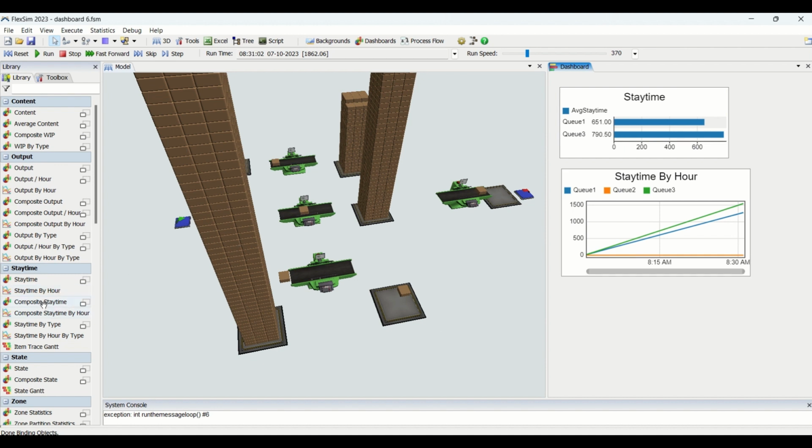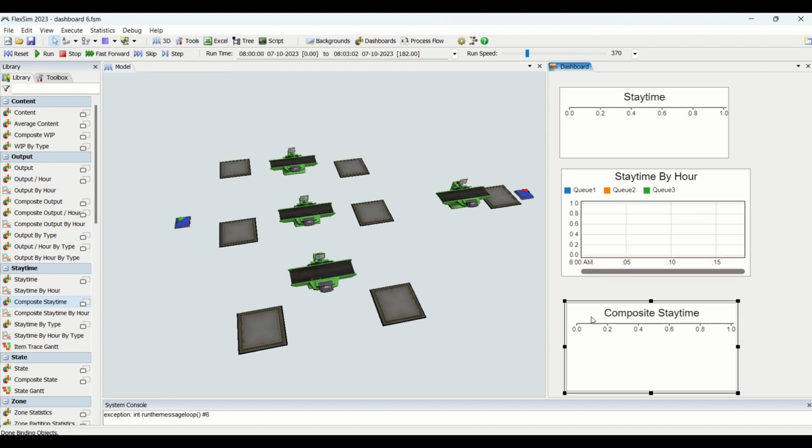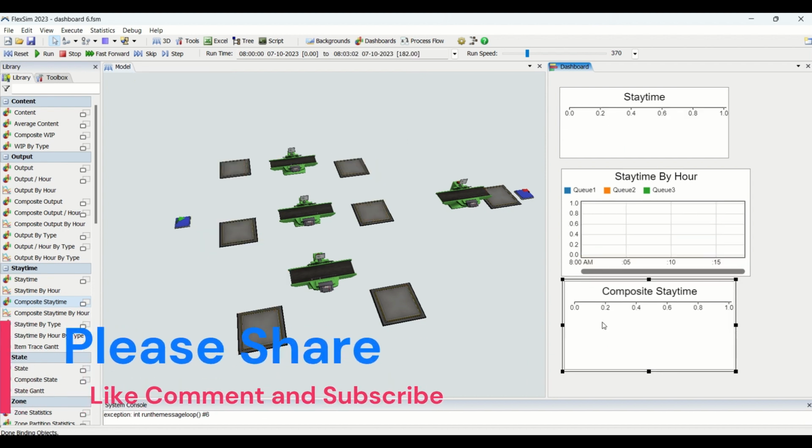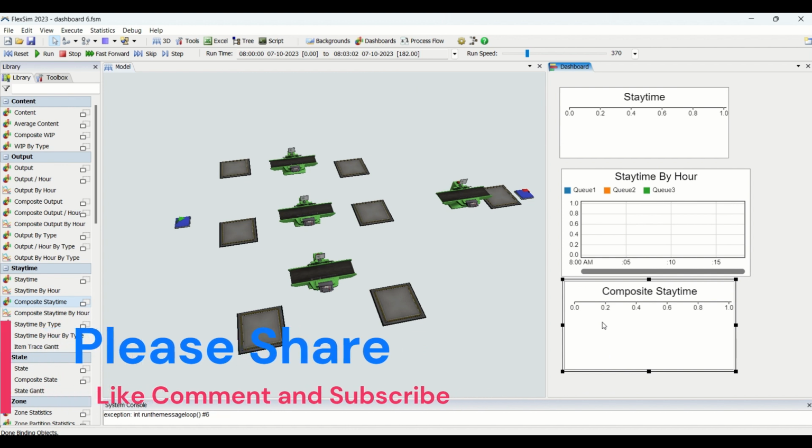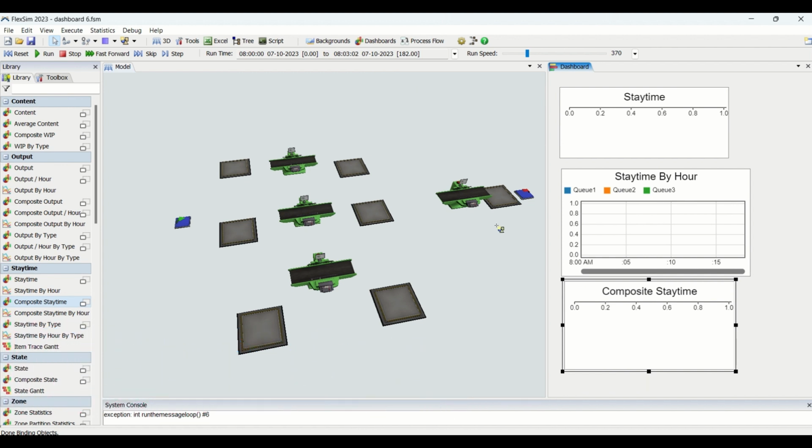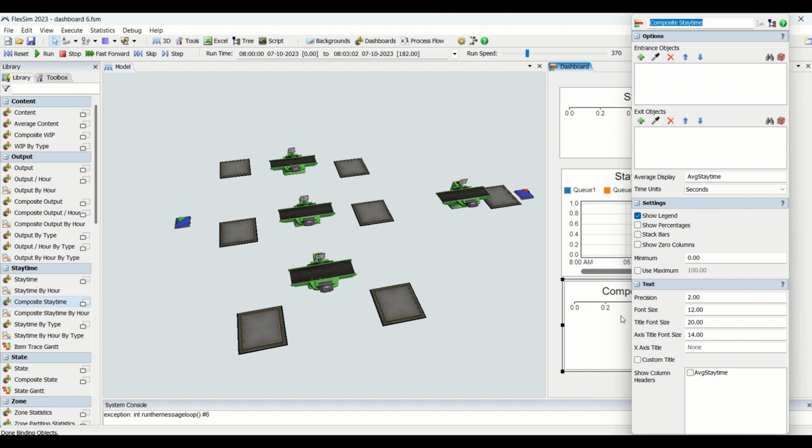Now let us understand composite stay time. I'll just reset the model and we'll look at it. The people who have already watched our previous videos, video 1 to video 5, will exactly know what a composite graph is, and it's very easy.